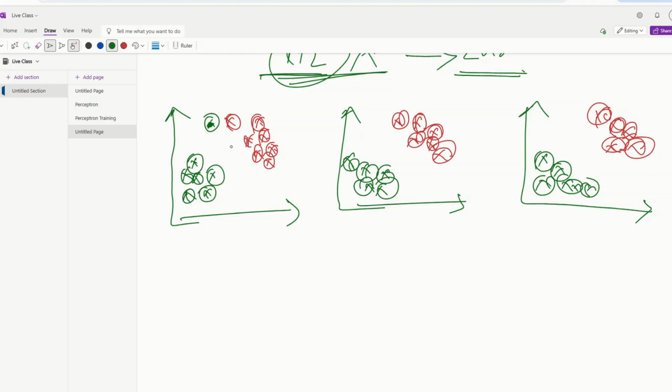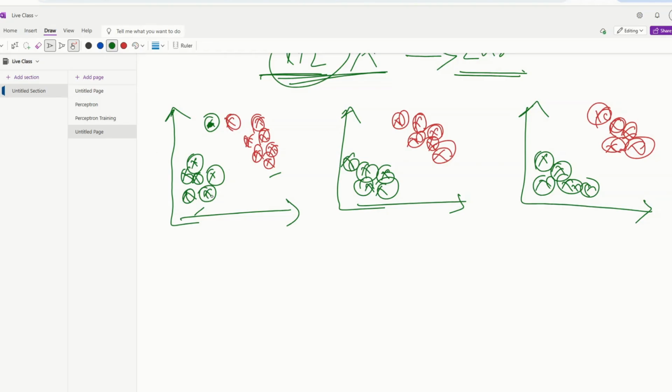The whole purpose of training the perceptron is to find the best line. In order to separate this group and this group, I can draw multiple lines. There could be multiple possible lines drawn in different directions, at different tangents. That's what I'm trying to say, to separate these two groups.